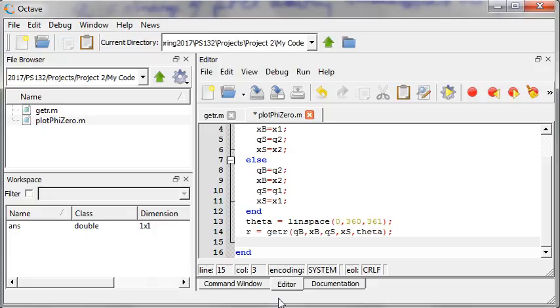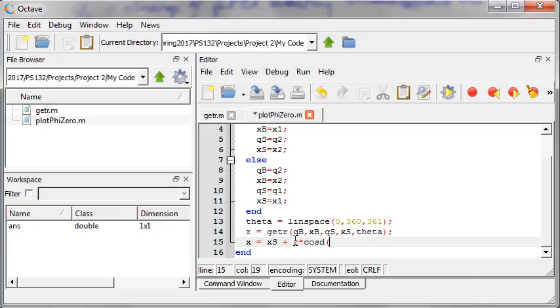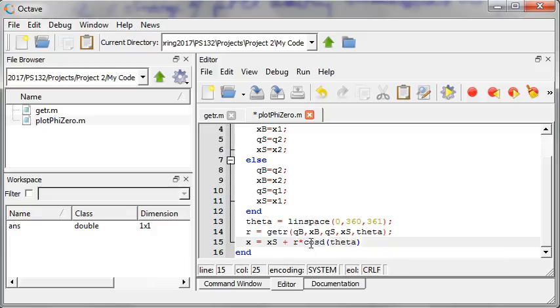And then once I got all the R values, I think I just have to find the X values. So X equals XS plus R times the cosine in degrees of theta. But cosine of degrees of theta is going to be an array of 361 values. R is an array of 361 values.